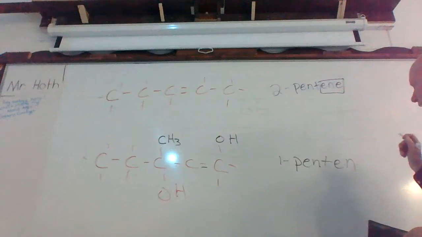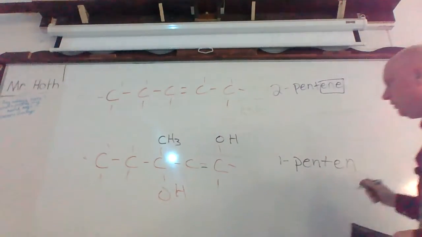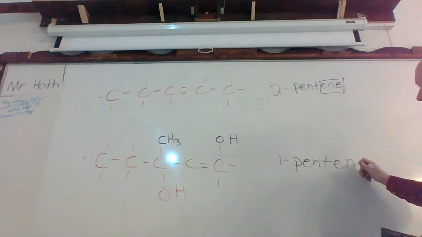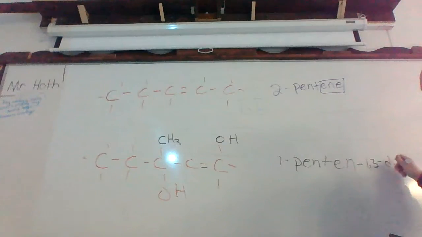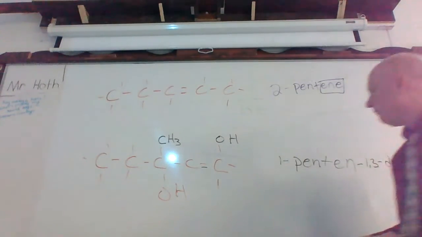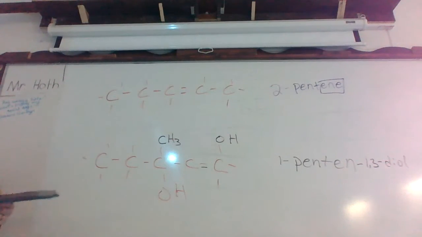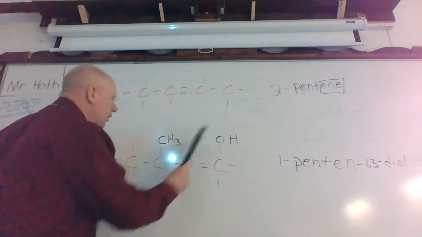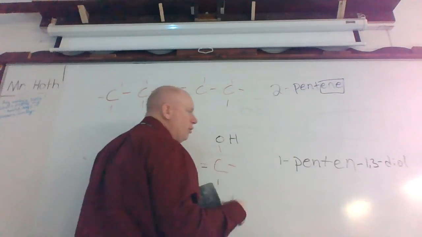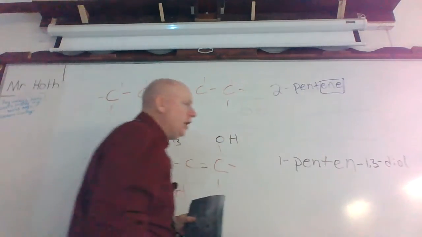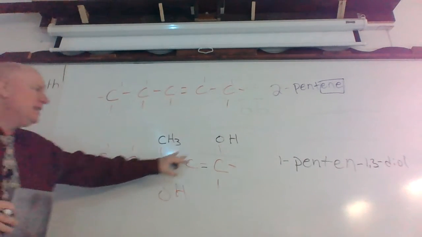But instead, we're just going to number where they're located, which is still pentene dash 1 comma 3 dash diol. Okay, so that way you're able to separate where these OH groups are located and where that double bond is. So when you put it way over here, now you've illustrated where they're located, you've correctly named them.